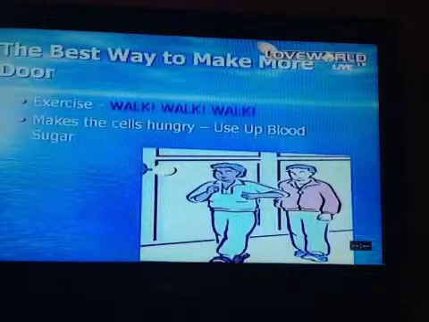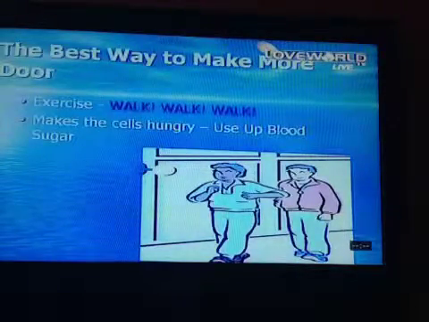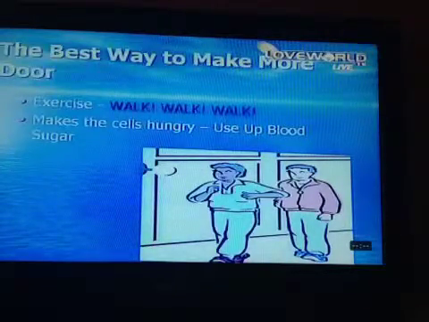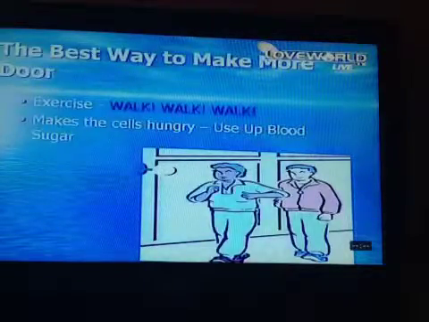So the best way to manage glucose is to actually remember what you put in your body. I think someone said sometimes we're actually digging our graves with our teeth. That's sometimes the case. So it's very, very important for us to bear in mind what we put in our body, and also to get more exercise so we can create more doors.